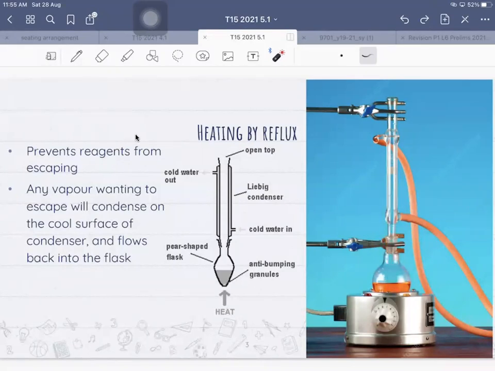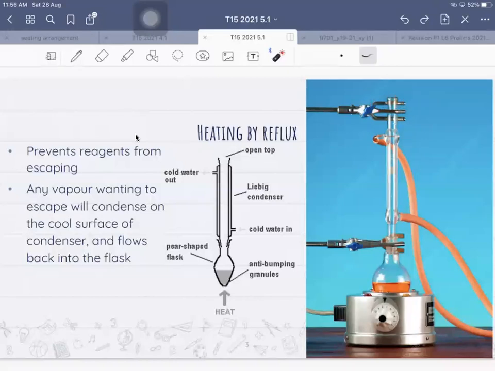So this will be a process. Some ethanol vapor will want to escape, but when it reaches the cold region, it turns into liquid and falls back again. That's why there's no need for you to seal this reflux setup.